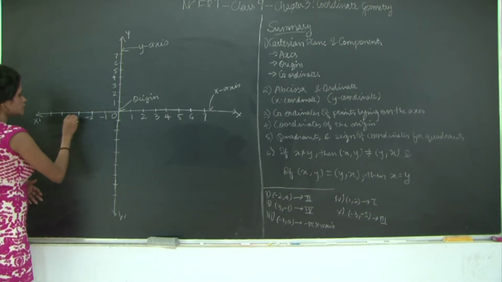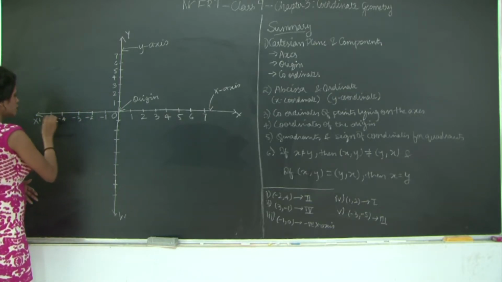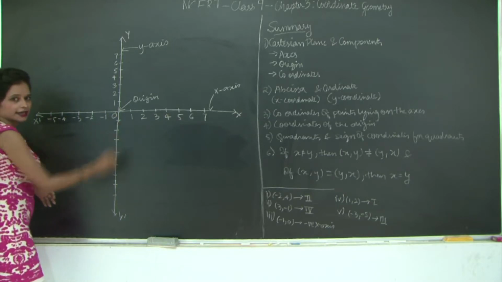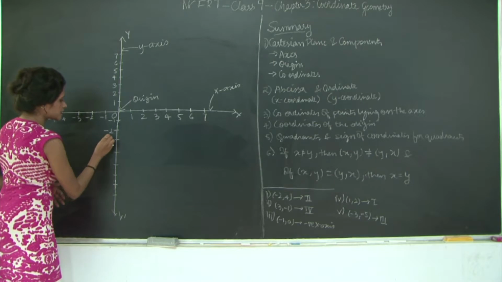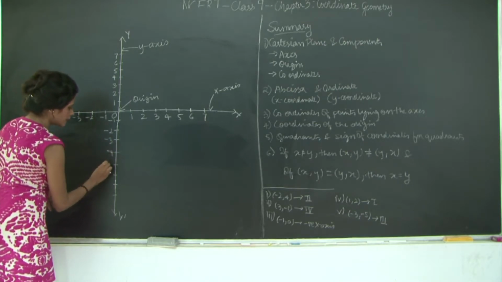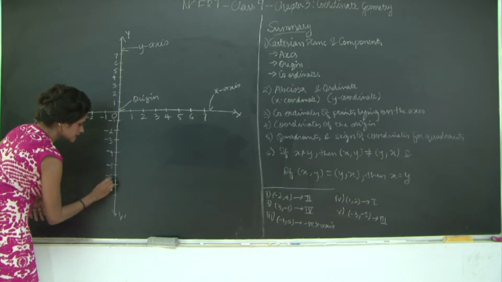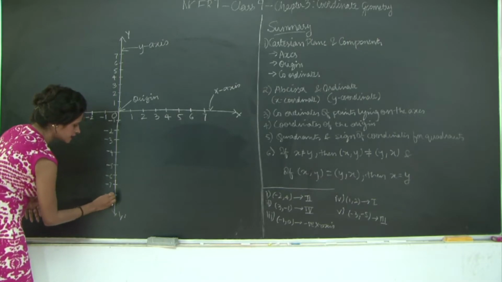So minus 1, minus 2, minus 3, minus 4, minus 5. Similarly, negative side of your y axis would be minus 1, minus 2, minus 3, minus 4, minus 5, minus 6, minus 7, minus 8 and so on.